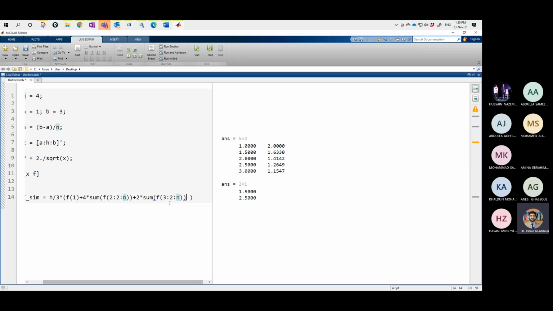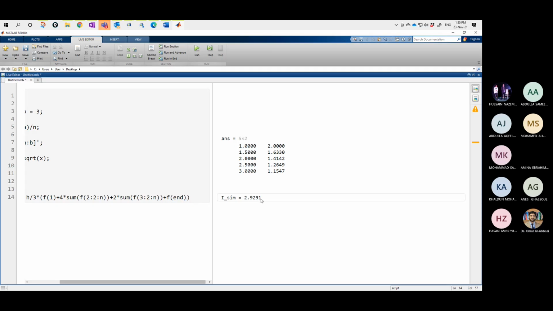So we added only the odd points, and then plus F evaluated at the end, or n plus 1. Okay, so let us run this code now. 2.9291.